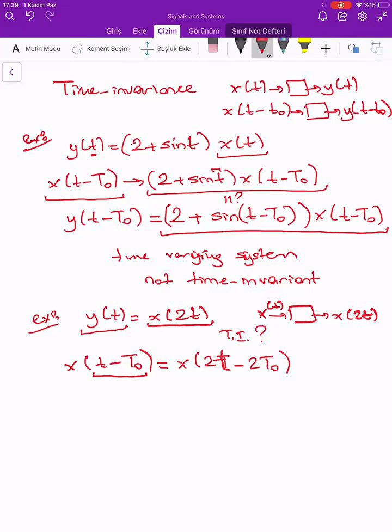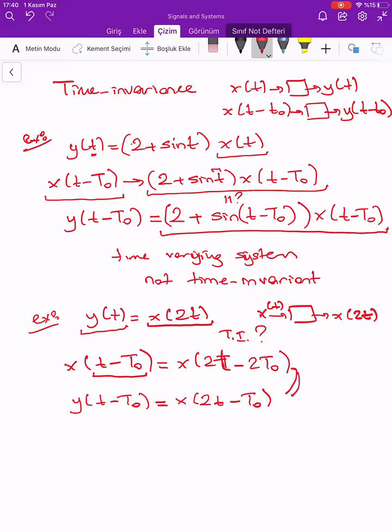How about if I apply this and then see y of t minus t0? If I shift my signal by t0 seconds, then it would be 2t minus t0, which is not equal to this, right?